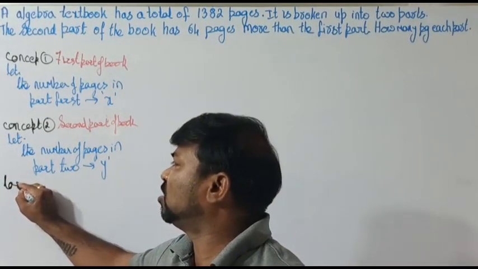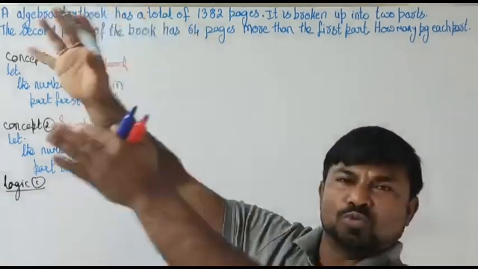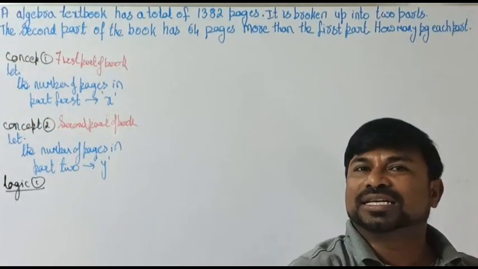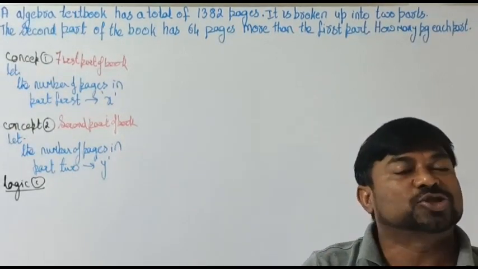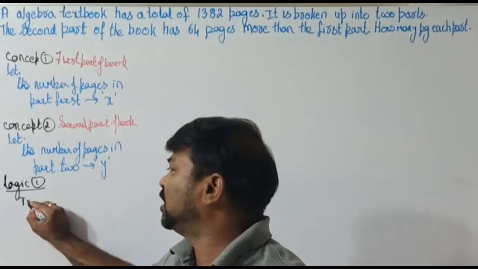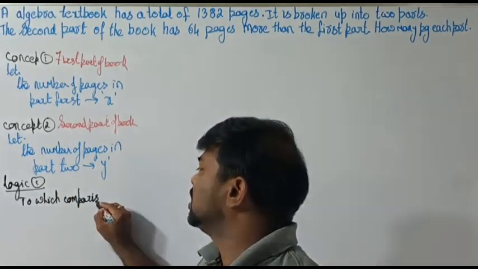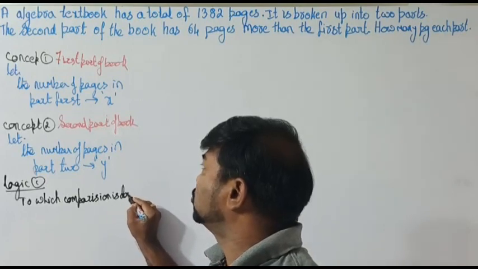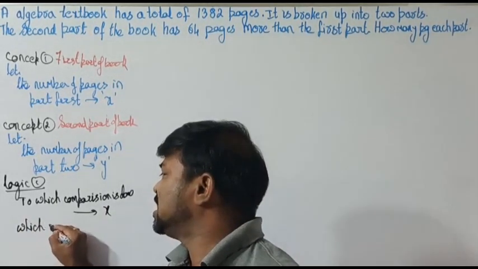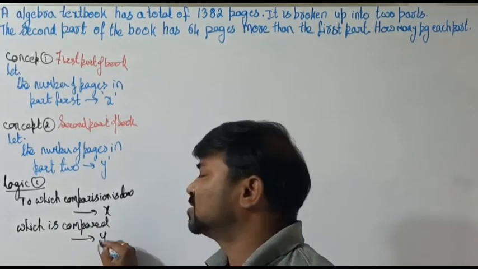So let's go for that. The general logic I am using for these algebraic sums is this: the one to which the comparison is done, let's take that as x, and the one which is compared, let's take that as y.